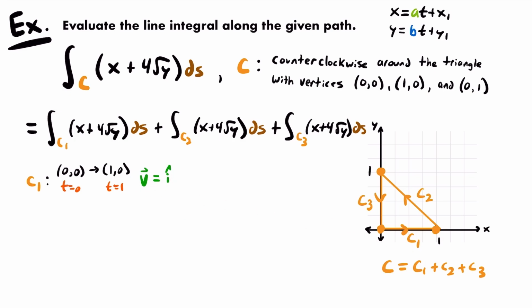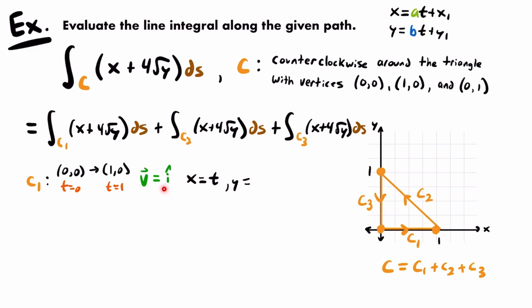And so we can use that along with the initial point to help us set up the parametric equations for that line. We'll have x is equal to a times t. A, the x component of the direction vector, is 1. So you just have 1 times t. And then you want to add the x coordinate of the initial point, which is 0. So you just get x equals t. Then for the equation for y, you'll have y is equal to b times t. B would be equal to 0.